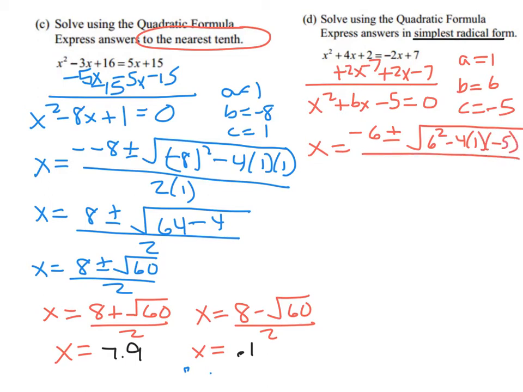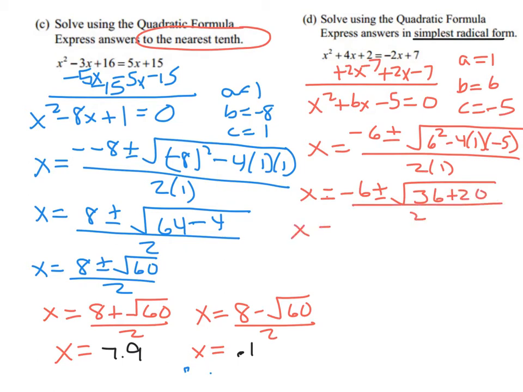And that whole thing all over 2 times a is 1. So I will get a negative 6 plus or minus square root of 36 plus 20 when you multiply the numbers, divided by 2. So x is equal to negative 6 plus or minus square root of 56 divided by 2.